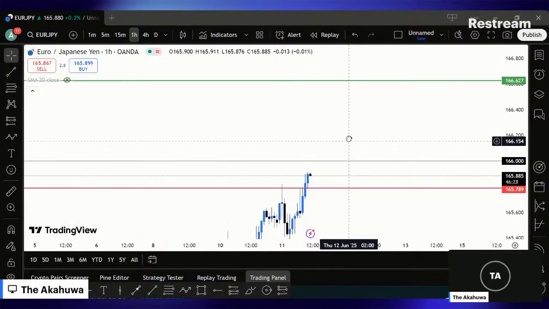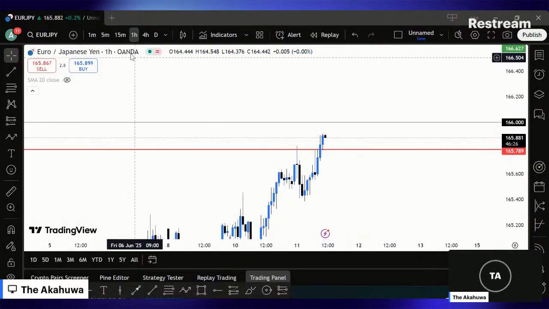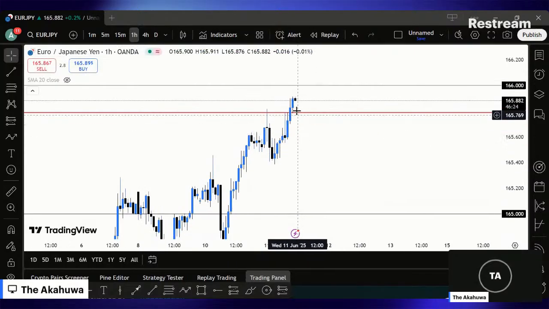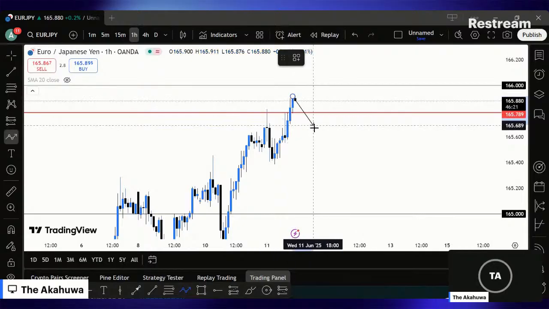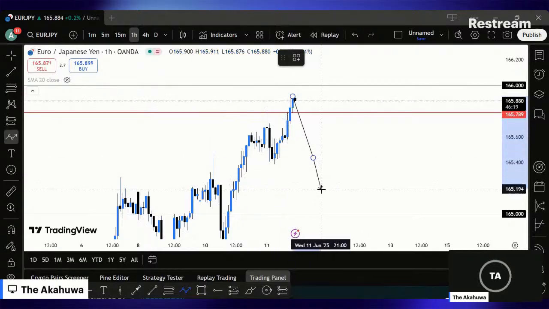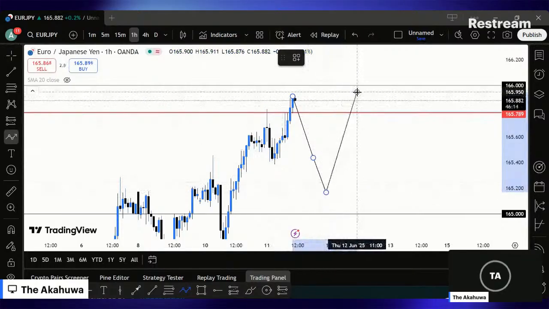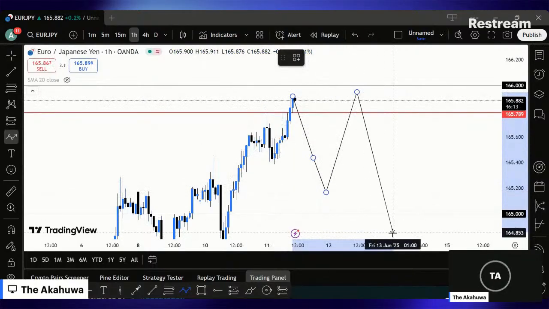Then I can revert to a buying position. But until the market does something like this, maybe possibly take off this low, then I can now be willing for a short position.